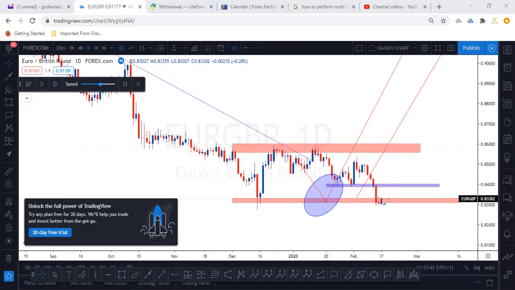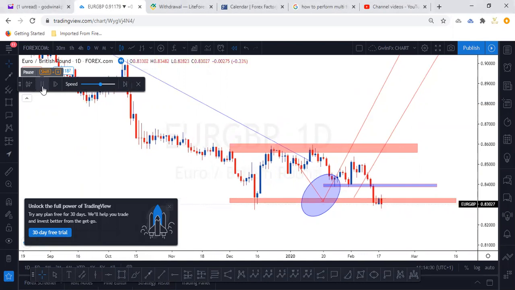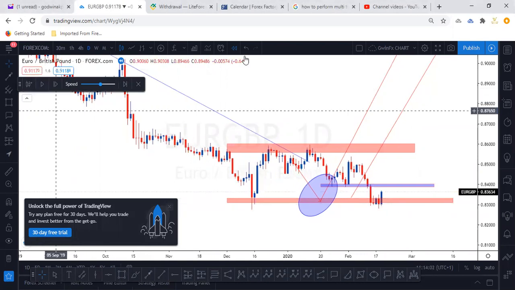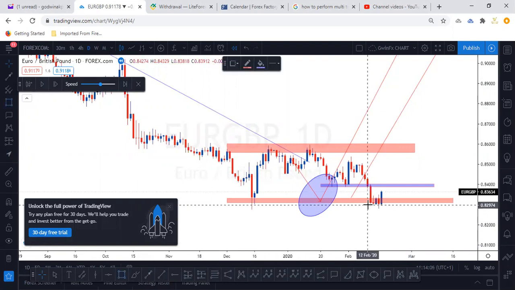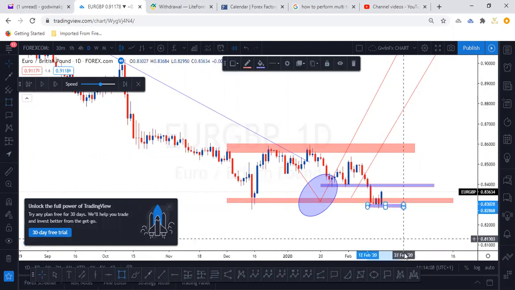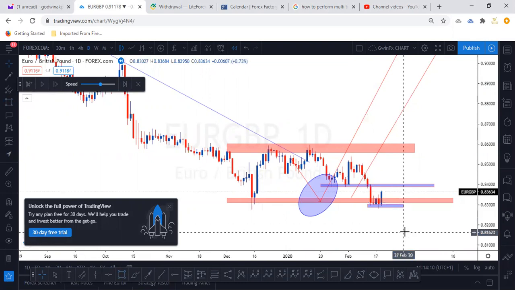So this candle is an entry candle: bearish candle, indecision candle, a bullish candle. This is the next day. Next day, indecision candle, testing that support. It's good.